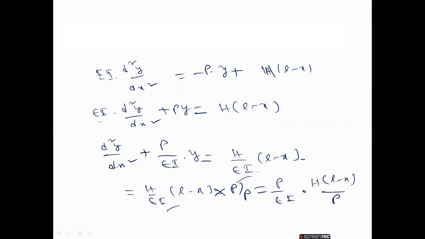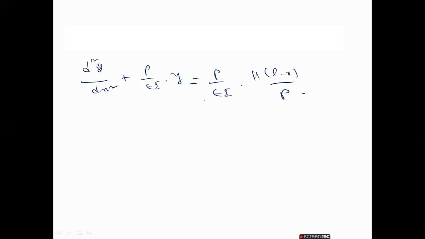So now write the equation clearly. That is d square y by dx square plus P by EI into y equal to P by EI into H into L minus x by P. So this is the equation we got. Now for this equation we have to write the solution, and maybe we will get constants, 1 and 2 constants.